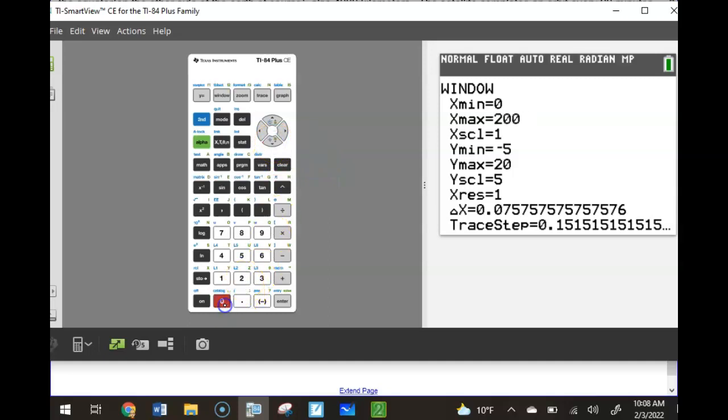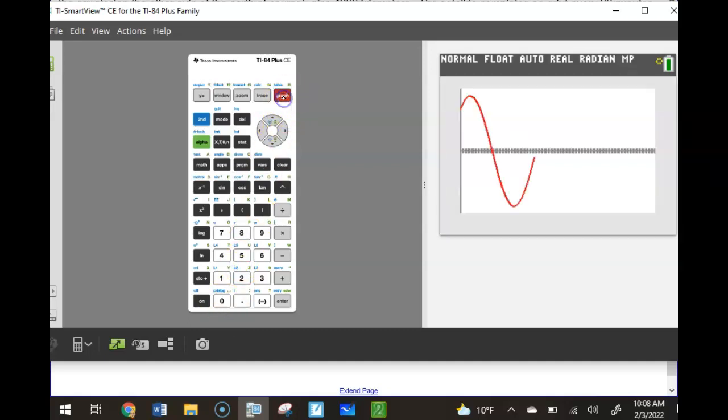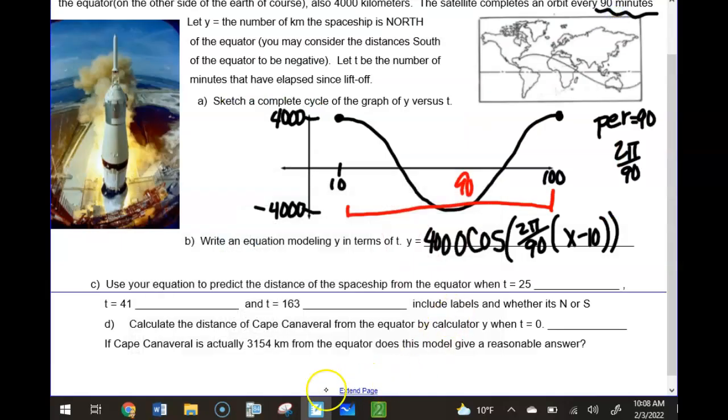So I think I'll just go out 200 seconds or something. And then I need a negative 4,500 and a positive 4,500 for my max and min. So my x was 200, but you just have to go past 163. And then my y was negative 4,500. You could have done 5,000 to positive.